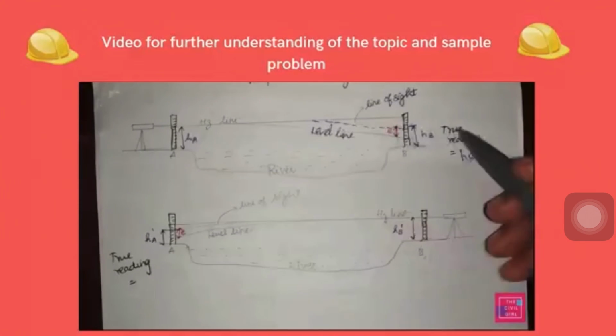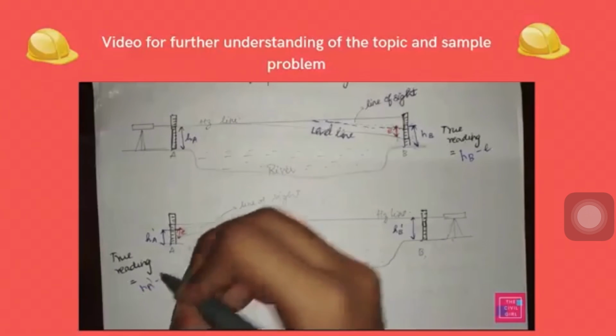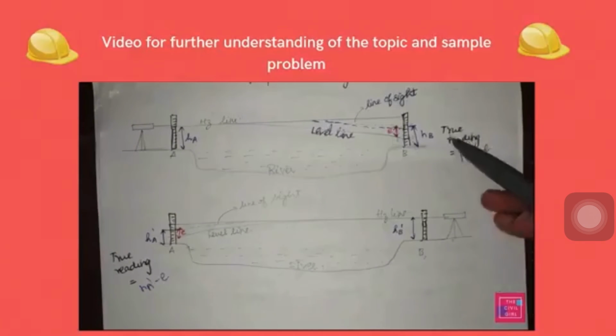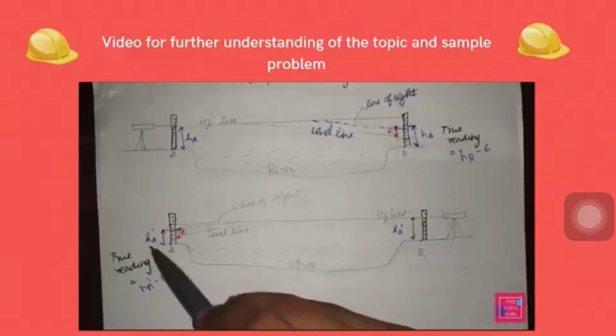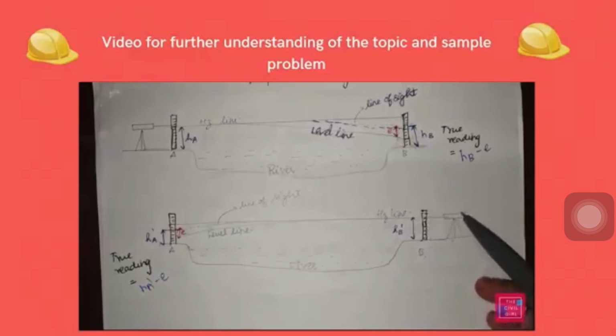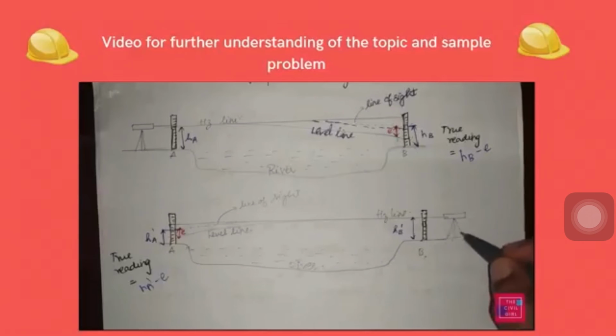It will be something like HA' minus E. Another thing you have to note here is this is HA, HB, HB', HA'. The readings taken from the station close to the point whose RL we don't know. We don't know the RL of B, right? The readings taken with the station placed near that point have dash values in them.